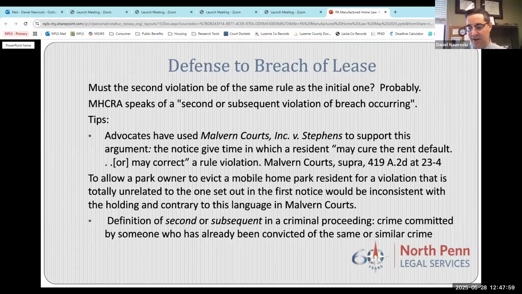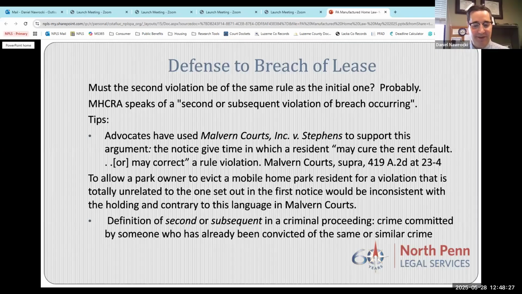So if you're being told that you're violating the rules because of yard upkeep, and then another rule for not having siding on your home or something. There's so many different rules that apply in manufactured housing cases. Just those two examples are completely different things.